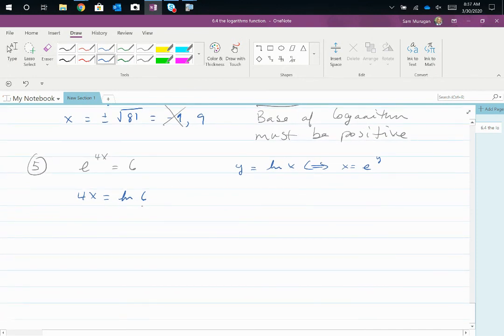Just rewriting, 4x here is the y, so e to the power y is equal to 6, so y is equal to the logarithm of 6. Dividing both sides by 4, x is equal to the logarithm of 6 divided by 4.